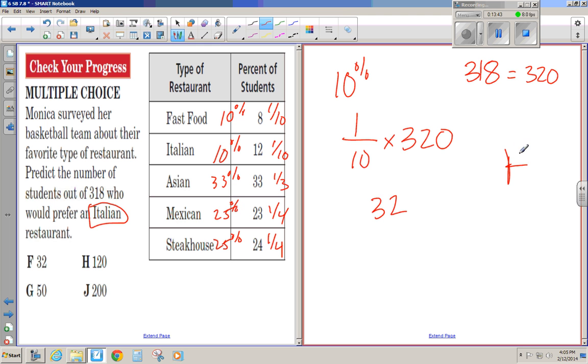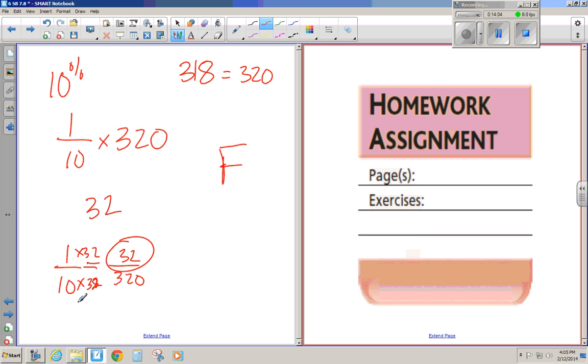So your answer is F. You could also have done a proportion, which means we would multiply 10 by 32 and 1 by 32 to get 32 over 320, which still gives us F as our answer.